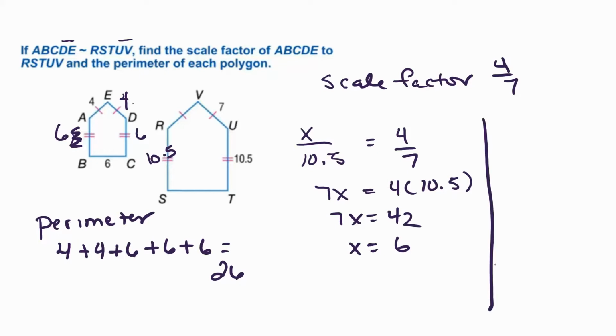Now to find the perimeter of the larger one, we know it's going to be in the same scale factor, 4 over 7. We know the perimeter of the smaller one is 26, and we want to find the perimeter of the larger one. Cross multiply.